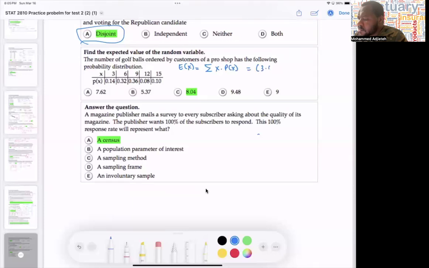So this is 3 times 0.14 plus 6 times 0.32 plus 9 times 0.36 plus 12 times 0.08 plus 15 times 0.10.